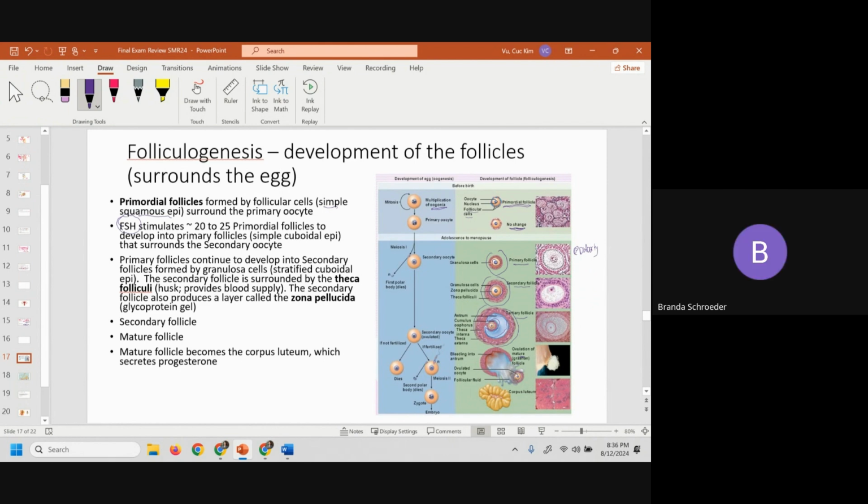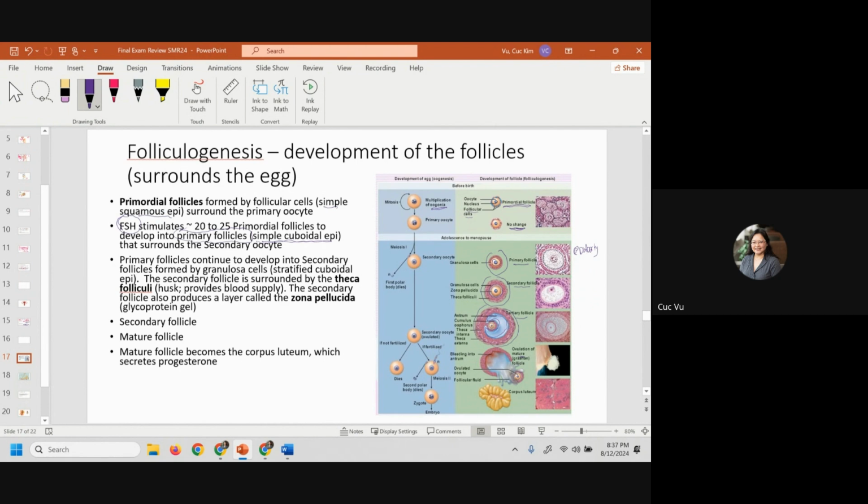Simple squamous. Yes. At the release of FSH, it's going to develop from simple squamous to simple cuboidal. And that's what distinguishes the primordial follicle from the primary follicle. It's the shape. It goes from simple squamous to simple cuboidal.